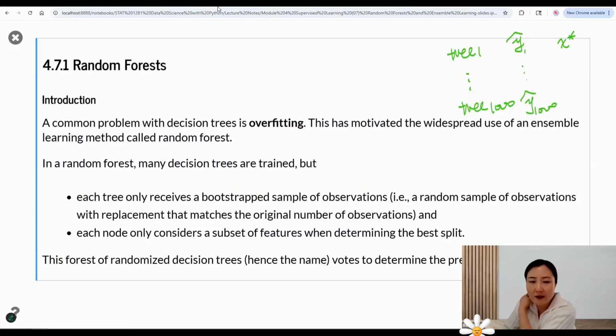If it's a classification problem, then we will follow the majority rule. Find the mode of these Y hat values, the most frequent class, and that is the overall predicted value for the new observation. If it's a regression problem, just take the average of these Y hats. That would be the predicted value.